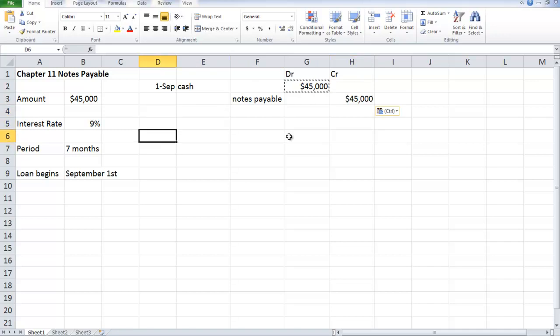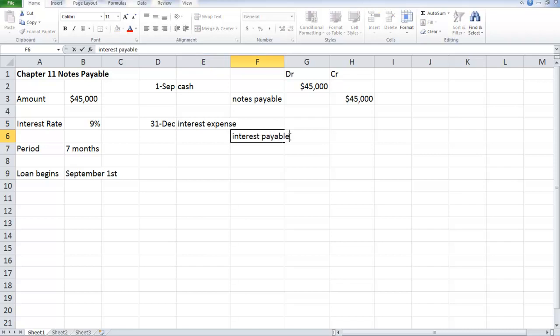Now, the next transaction we need to do is that as of the end of the year, even though the loan is not due until March 31st, we need to accrue for the interest expense that will be due on December 31st. Okay, so in this particular case, we want to debit interest expense and credit interest payable.